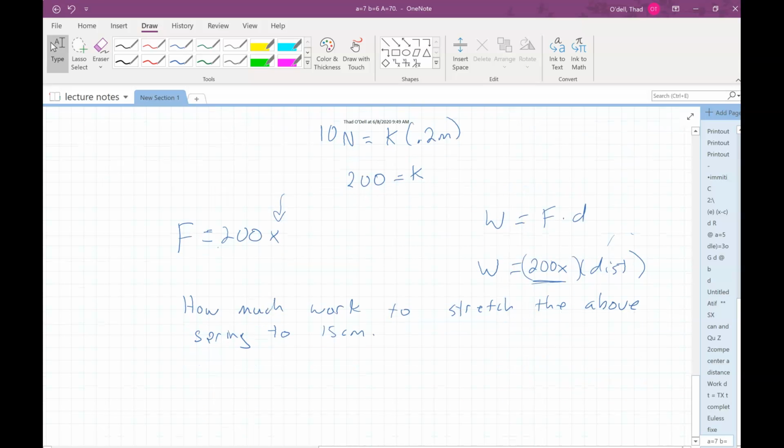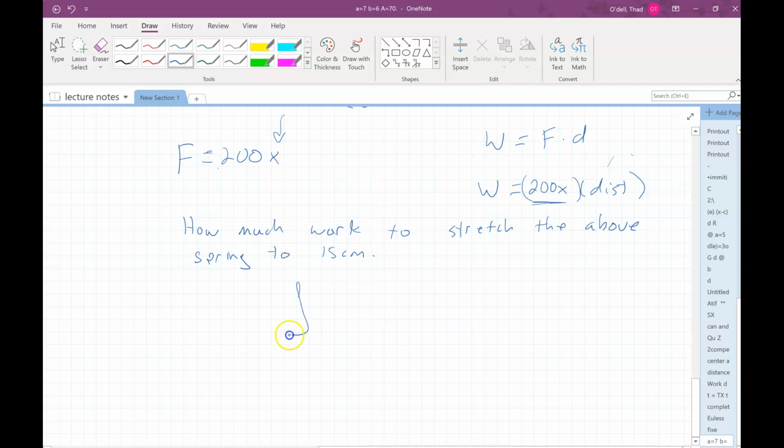So the little change is going to be my distance, and my integral is going to be 200x times a little change in distance. The distance something is being moved is not what's changing; it's the force. So I break the distance into little increments. That's what's different about this from the other types of problems.